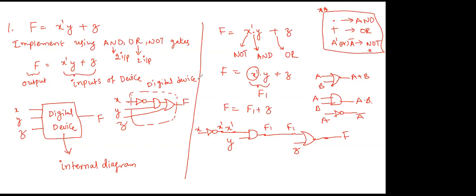So with the two input AND gate, two input OR gate and NAND gate, you need to construct the internal diagram of the digital device for the given Boolean expression. This is the first example. We will go with another example. If you have any doubt, you can ask me here.